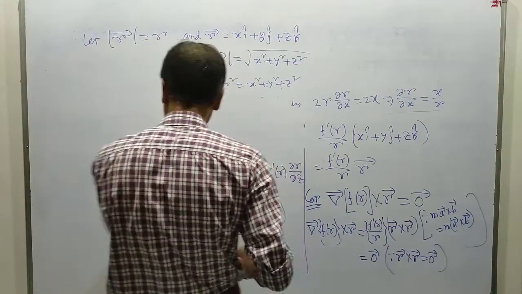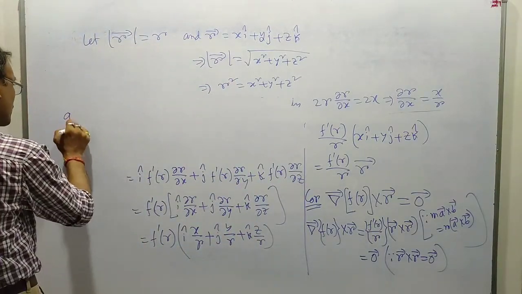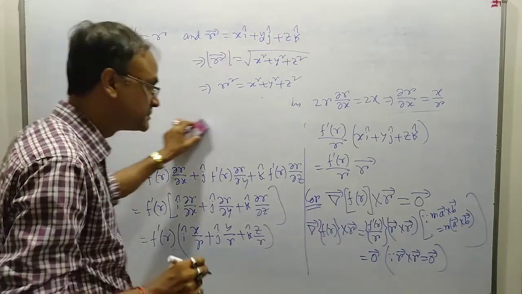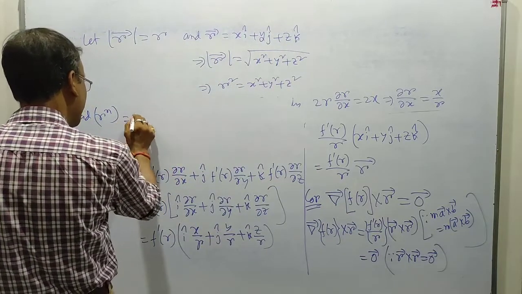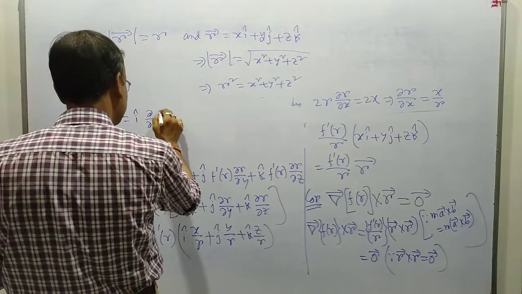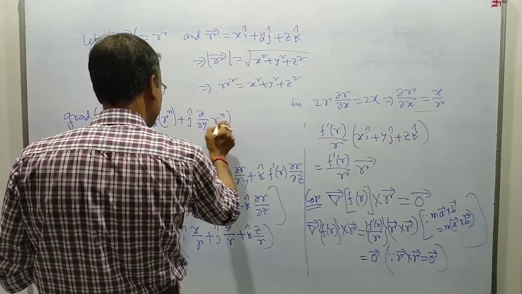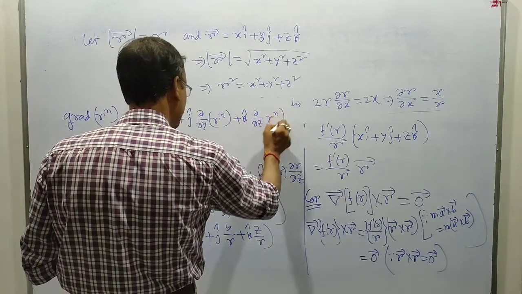Now, gradient of R to the power n is equal to i cap delta delta x of R to the power n plus j cap delta delta y of R to the power n plus k cap delta delta z of R to the power n.